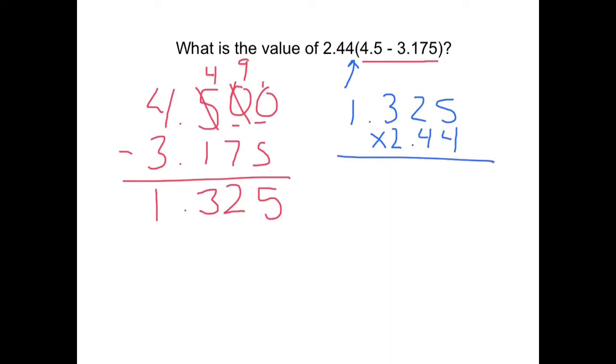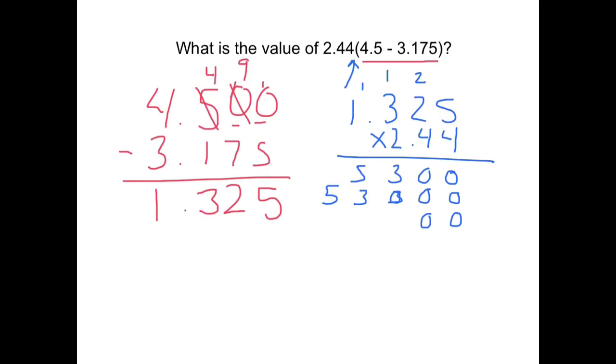So 4 times 5 is 20. 4 times 2 plus 2 is 10. 4 times 3 plus 1 is 13. 4 times 1 plus 1 is 5. Put a 0 and multiply 4 times all those numbers again. And put 2 zeros this time.